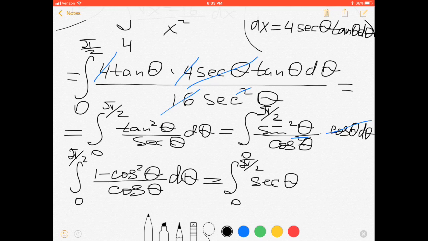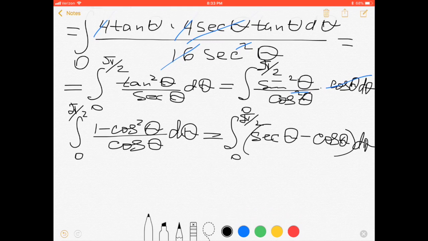And you have from 0 to pi over 2 secant theta minus cosine theta d theta. And now we can see we have a bad point, pi over 2, for the function secant. Okay.